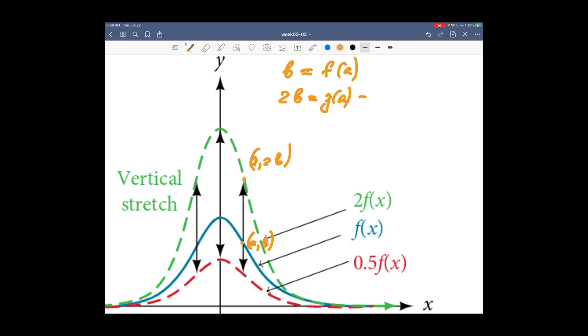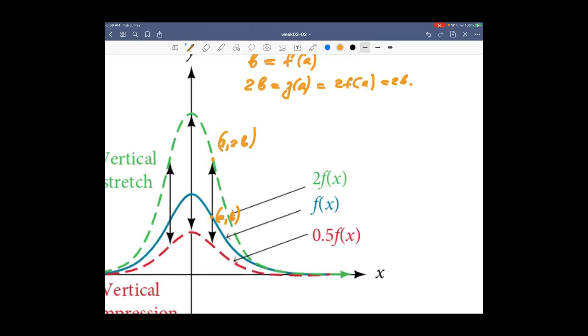Remember, g is twice f. And f at a is indeed b. So we get a true equality, 2b equals 2b.